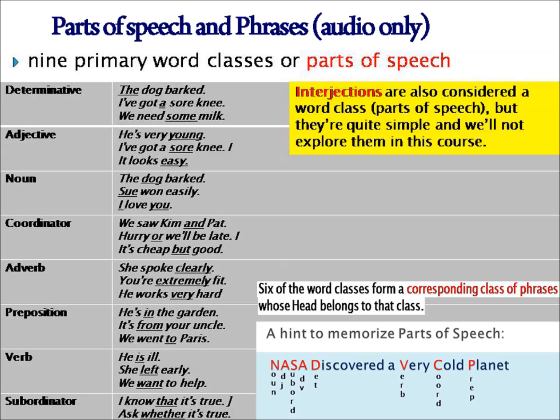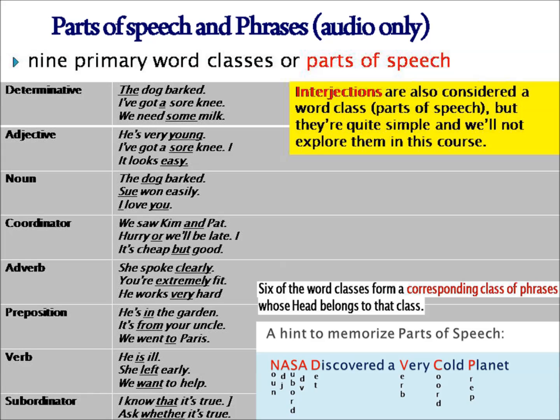So we have some examples here, and there is a phrase enclosed in brackets, okay, and the head is underlined. Okay? So this is a possible exercise you have to do. Find the phrase in the sentence, find the head, okay, and tell me if it's a noun phrase, a verb phrase, a prepositional phrase, an adjective phrase, whatever.